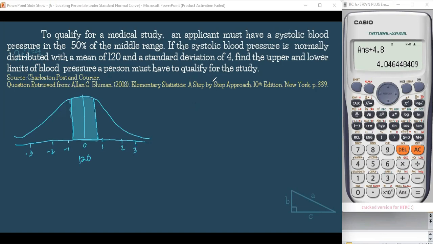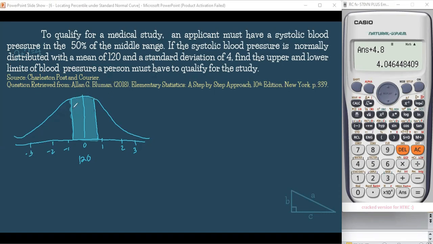So, we know po, di ba, nasabi natin, 50% yung nasa gitna. However, alam natin na ang 50%, kung hahanapin natin sa table, that is to the left. Ito po, this is middle. So, ibig sabihin po, mag-strategize tayo ng paraan para makabuo tayo ng middle 50%.